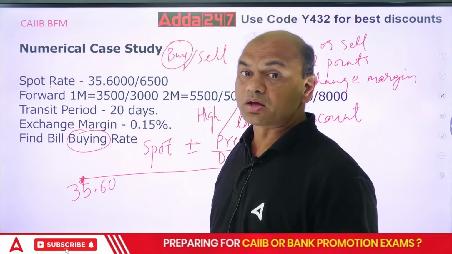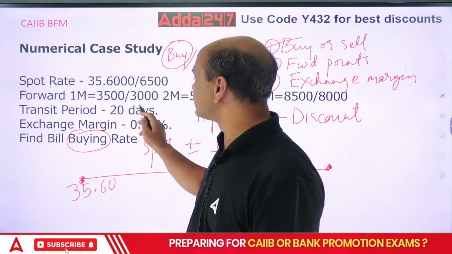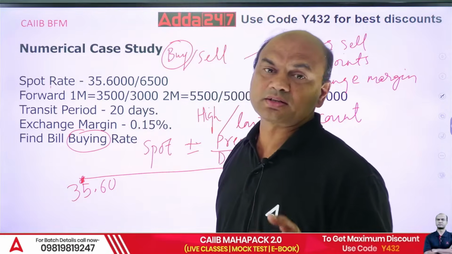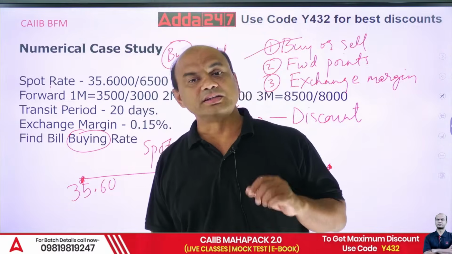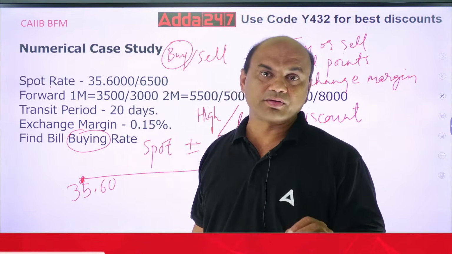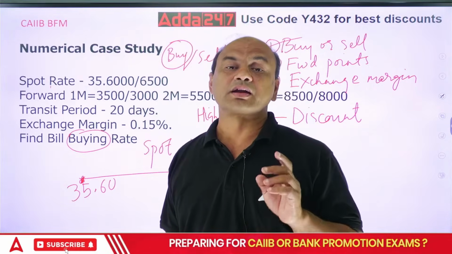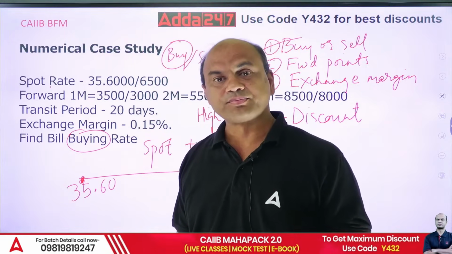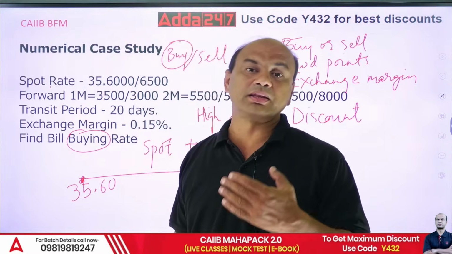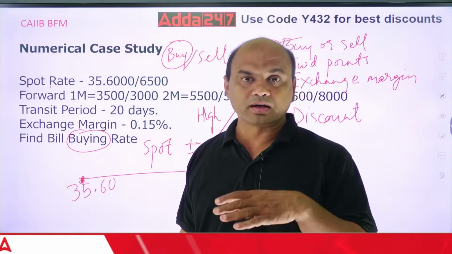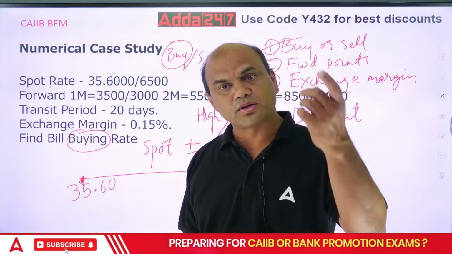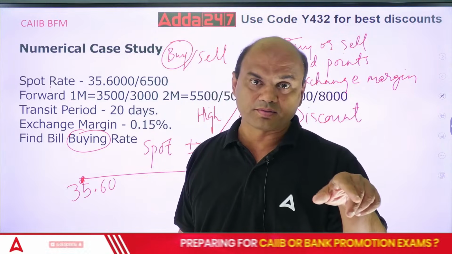Now the transit period is given as 20 days. What is the transit period? Transit period means that period in which, pay attention, everyone pay attention, the documents move from the negotiating bank in our country to the issuing bank in the foreign country.